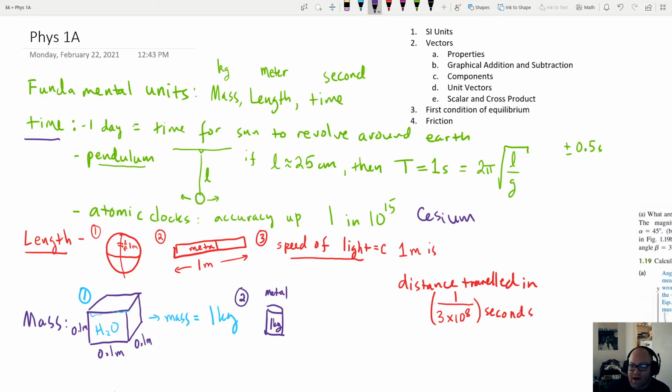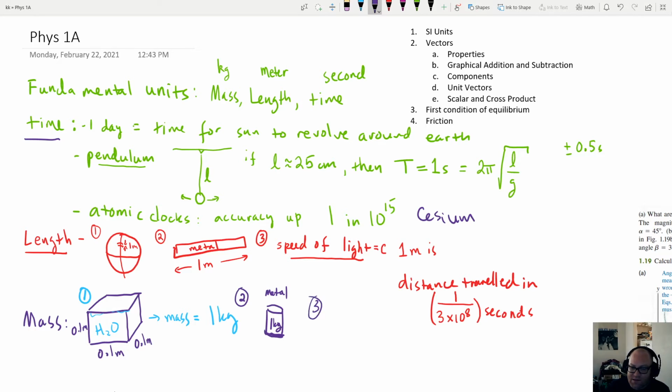Again, this is problematic because over time, these individual kilograms were actually losing mass. So after some number of years, they'd lost a few micrograms. And while it was still roughly a kilogram, you don't want roughly with science, you want exact, right? So you come up with a better definition.